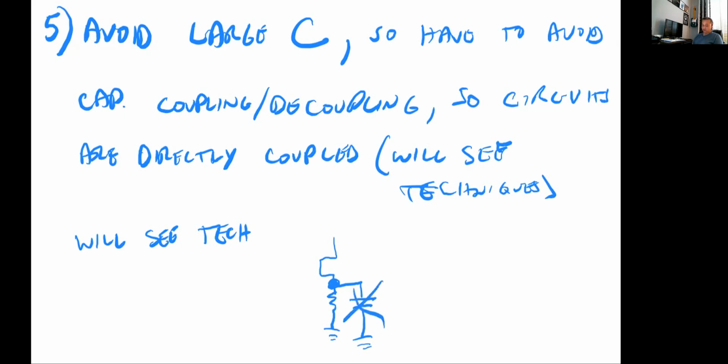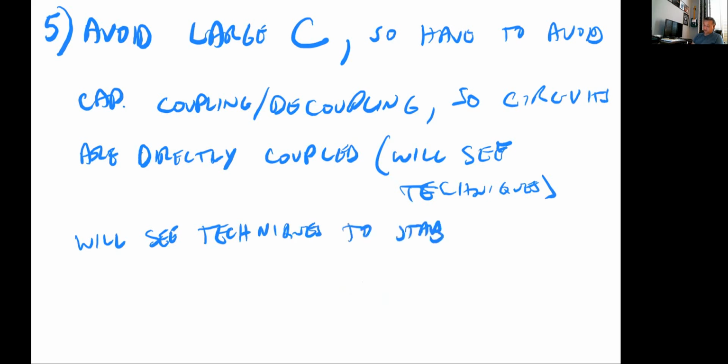So we're not going to be able to do that. Now this point is not going to be a signal ground as we would like, as it would be ideal, and that presents a design challenge. So we'll see techniques to establish signal ground.